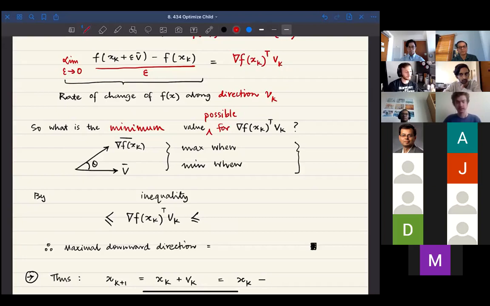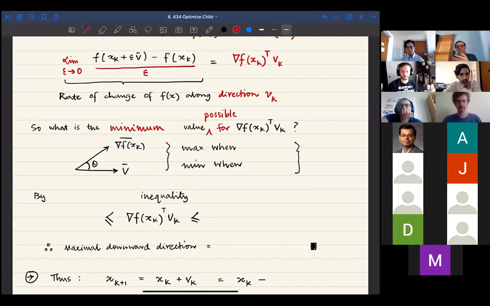Correct. So wouldn't the dot product being 0 here be when it's the minimum? But why do you think 0 is the minimum? It could be negative too, right? Okay. So it would be when theta is equal to 180? Correct. Right. I don't know why I didn't think about the negatives at all.